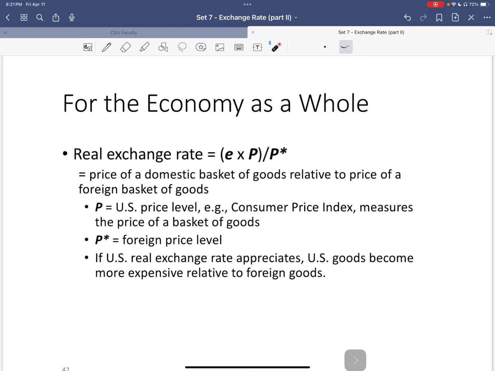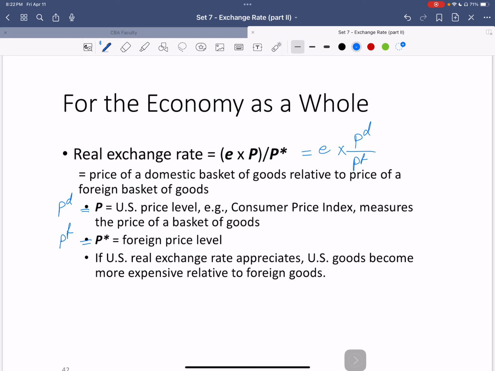So the US price level, CPI, the consumer price index, measures the price of a basket of goods, and we show it with P. Sometimes in some textbooks, you might also see E times price D over price F. Okay, this is just naming stuff, but that's basically the same thing. They use the D for the price level of the domestic goods and PF for the foreign price levels.